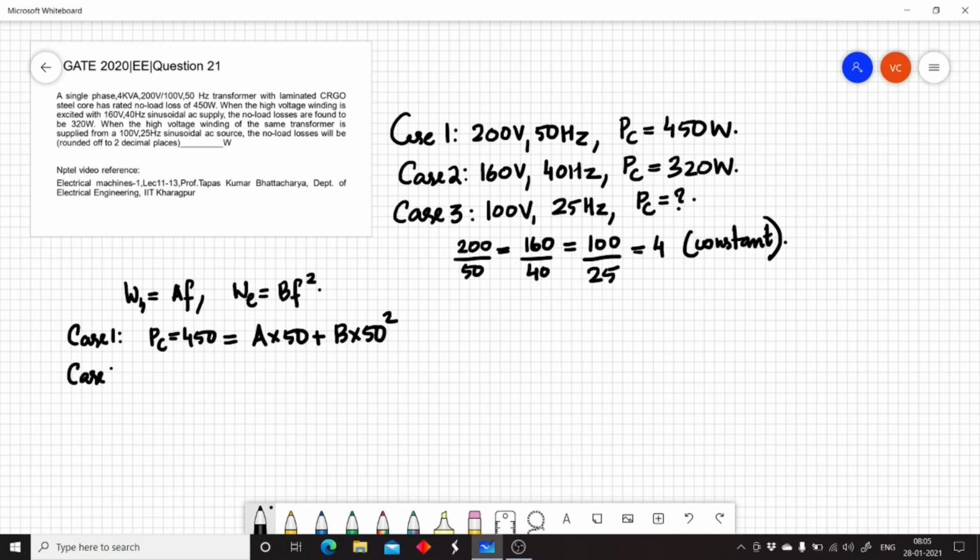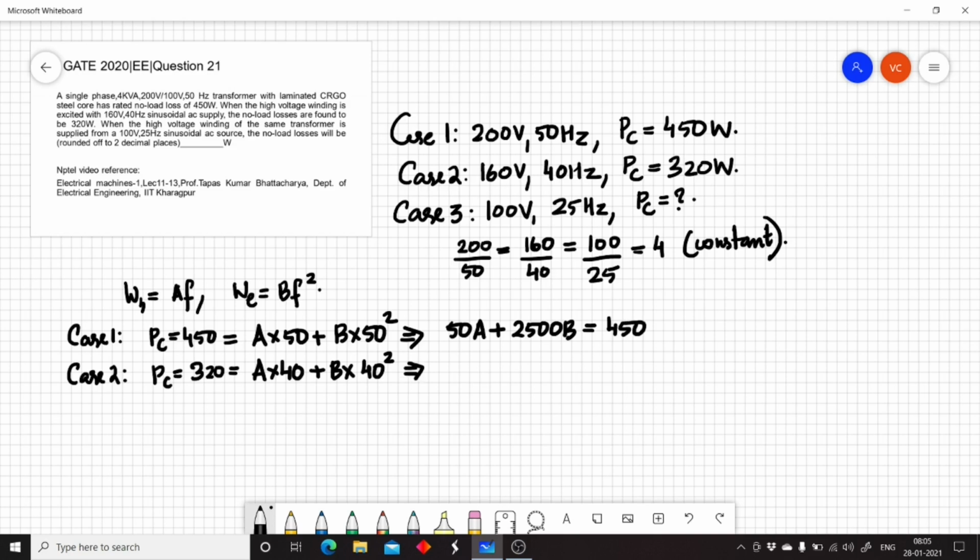Similarly, case 2, PC equal to 320 watt, is written as A into the corresponding frequency, that is 40, plus B into 40 squared. Which implies, case 1: 50A plus 2500B equal to 450, and case 2: 40A plus 1600B equal to 320.